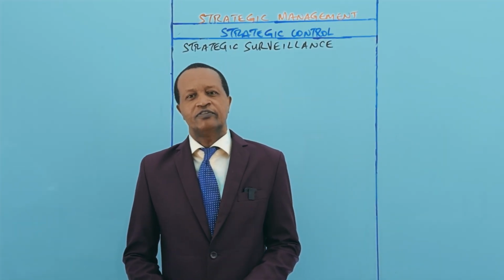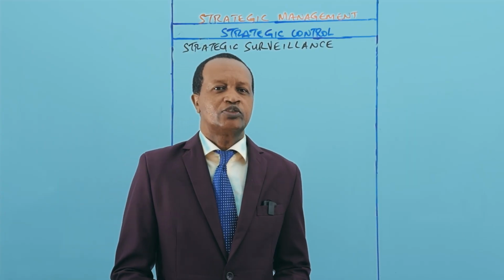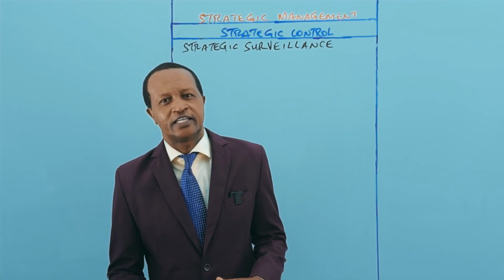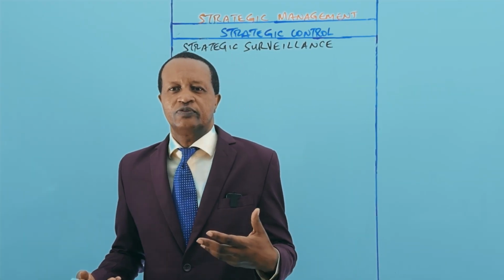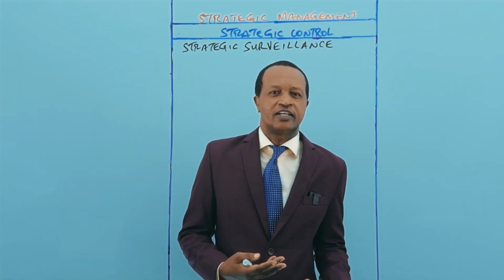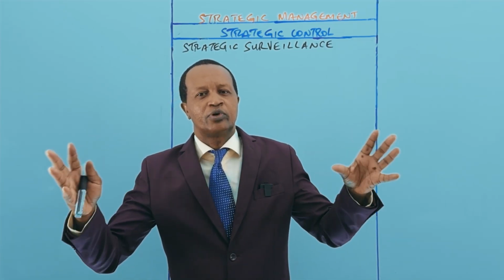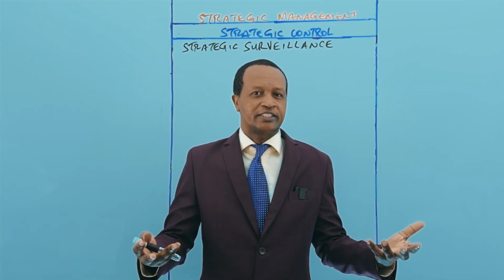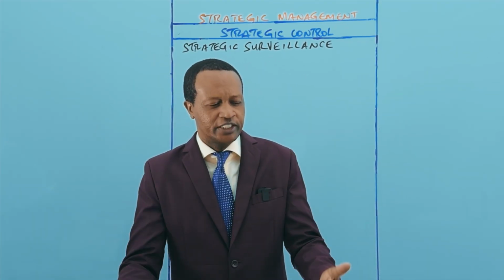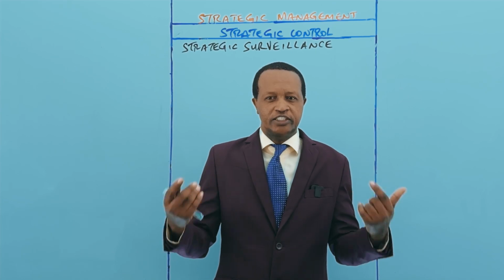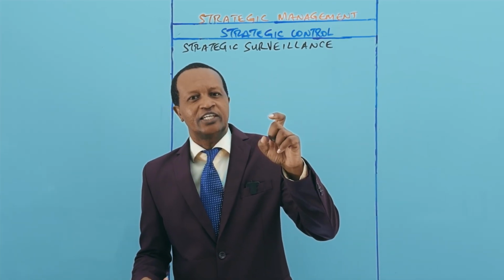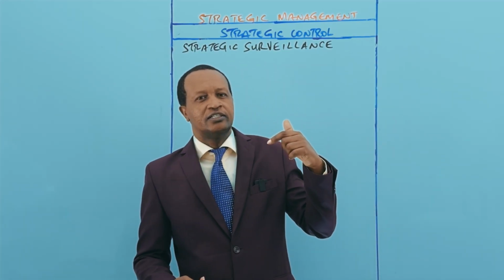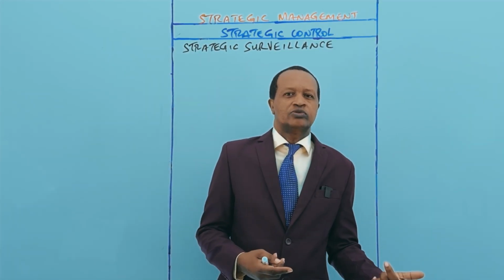Today we are going to study a very fascinating subtopic, which is strategic surveillance. Candidates, unlike the more focused approaches that we've discussed, strategic surveillance is about keeping a broad, general watch on the environment to detect any unexpected trends and events that could potentially impact an organization's strategy, even if those factors were not initially considered critical.